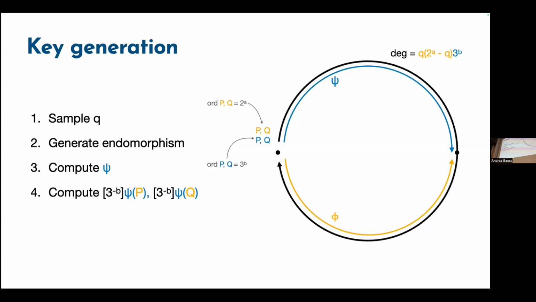And this is precisely a higher dimensional representation of phi, because we know the starting curve, we know the end curve, which is the codomain of psi, we know how it acts on large points P and Q, and we know its degree because we construct it like that. So this gets us a way to compute an isogeny of the degree that we want, and we automatically obtain a higher dimensional representation.